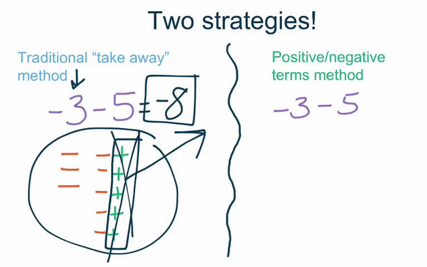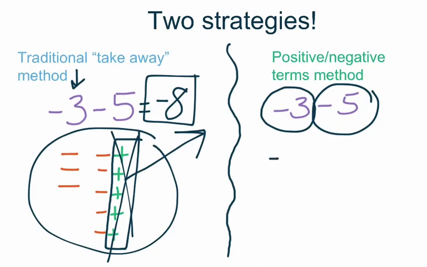All right, let's look at this with our positive negative terms method. I'm going to start off by circling. So my first term is negative 3, and my second term is negative 5. All right, now this essentially becomes an addition problem because I'm putting my terms together. I'm taking 3 negatives and I'm going to put them with 5 negatives.